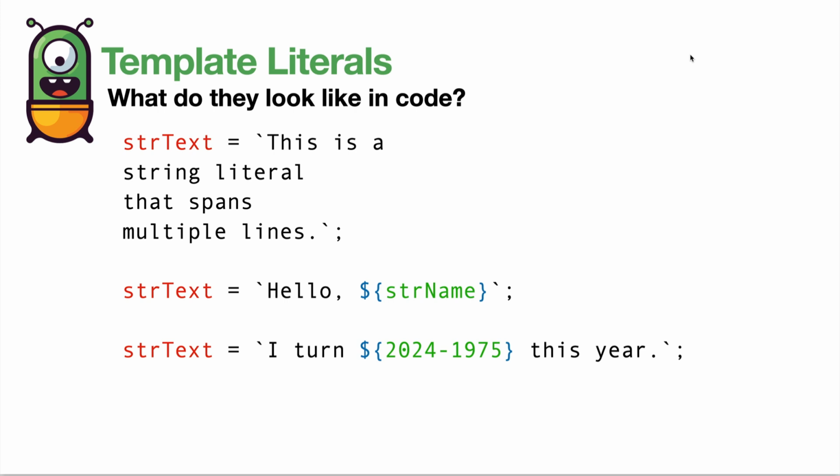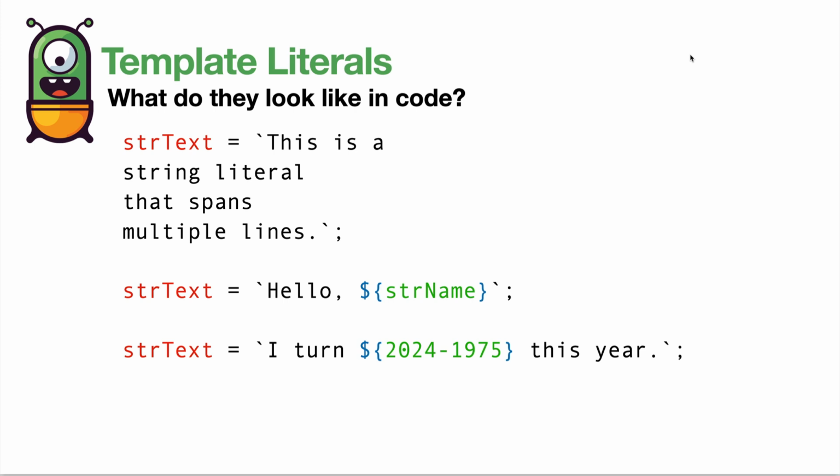The second example, where it says hello and then strName, is a template literal that is embedding the name of a variable. So if strName, let's say, is Dave, then that string would be evaluated to say hello, comma, Dave.